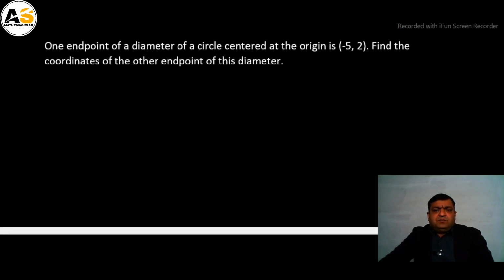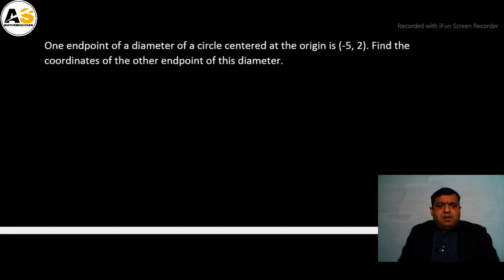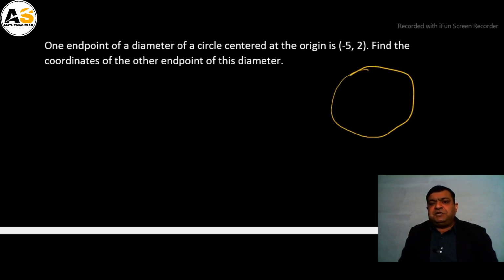Let us see some more examples. See this question. One endpoint of a diameter of a circle centered at the origin. He says that the circle is centered at the origin. The center of the circle is the origin, which is (0, 0).